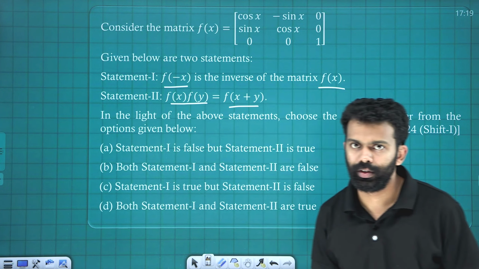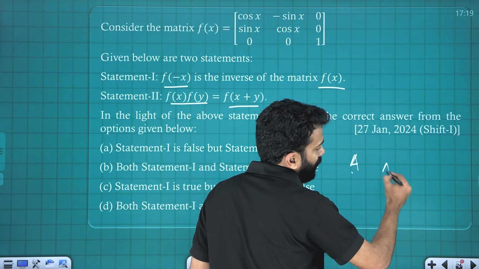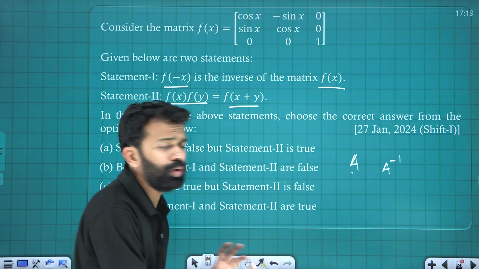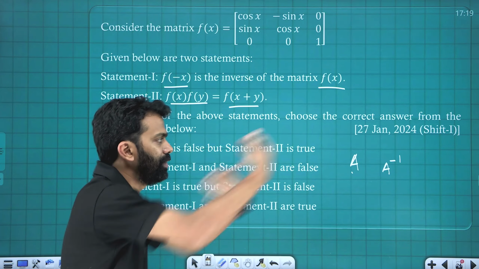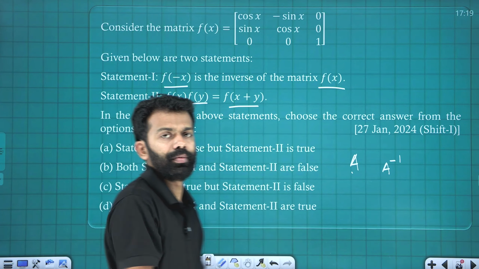Just think what you need to do for the first statement. They have mentioned that f of minus x is the inverse matrix of f of x, right? If two matrices are given such that one is A and one is the inverse of this matrix, how will you identify that one matrix is the inverse of the other? There are two methods.